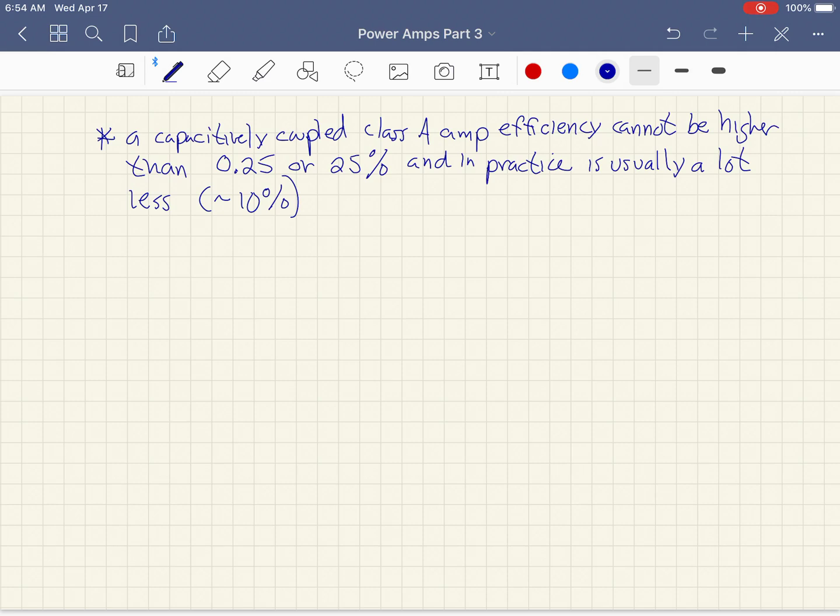So that's low efficiency. You can make it higher. There are different ways to make it higher. Let's just mention those; we're not going to take a close look at them.